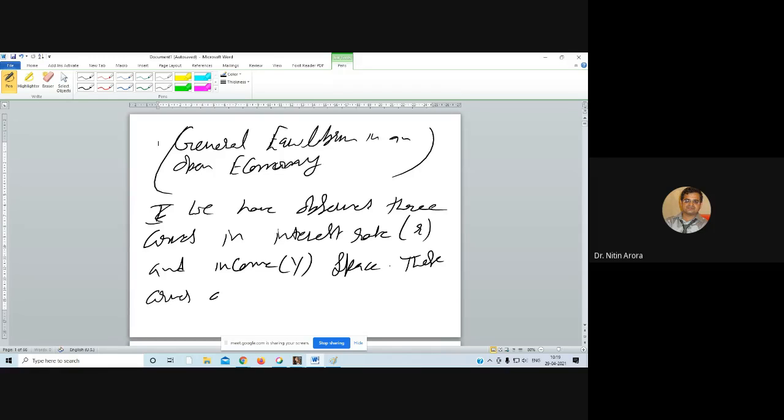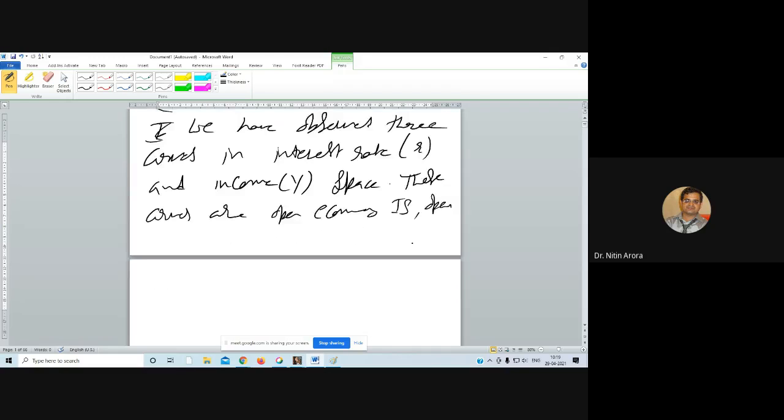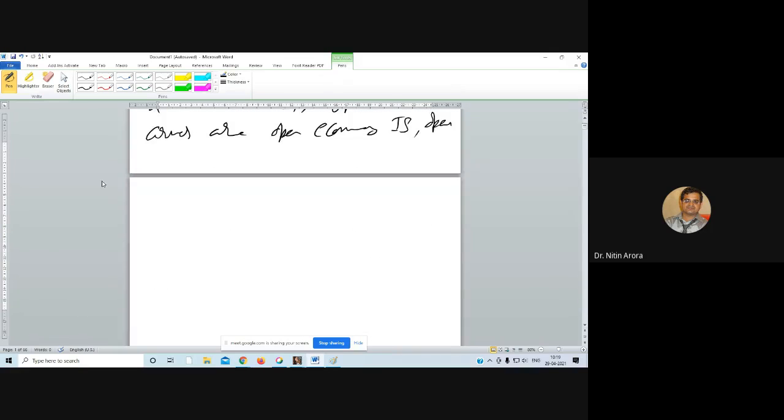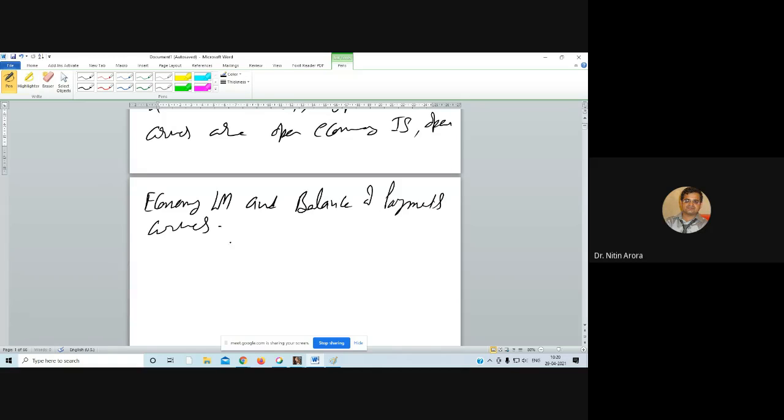These curves are open economy IS, open economy LM, and balance of payments curves.